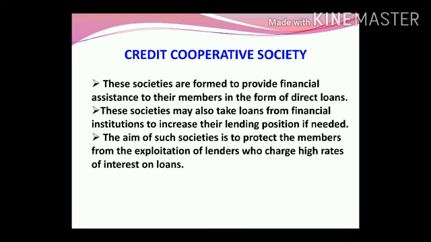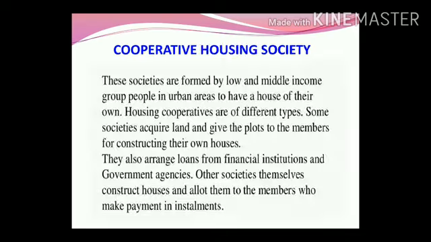And another form of cooperative society is Cooperative Housing Society. These societies are formed by low and middle income group people in urban areas to have a house of their own. Housing cooperatives are of different types.